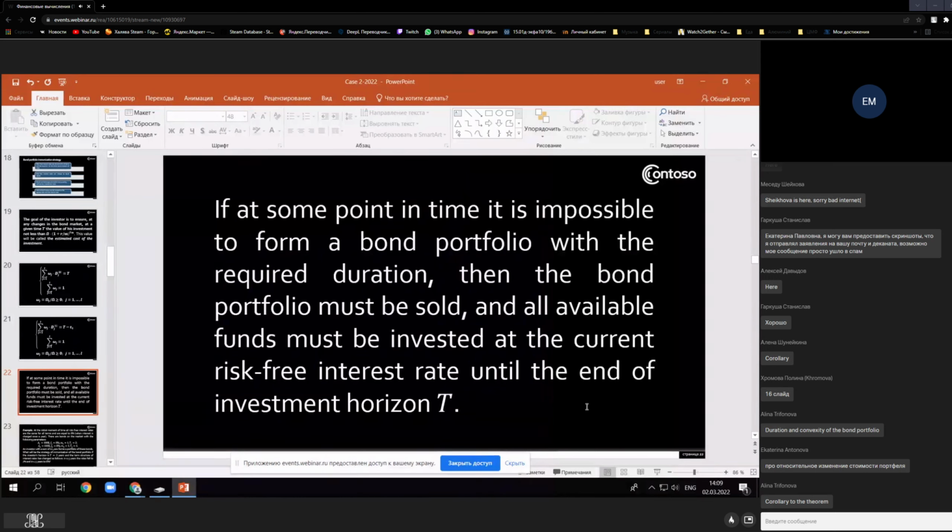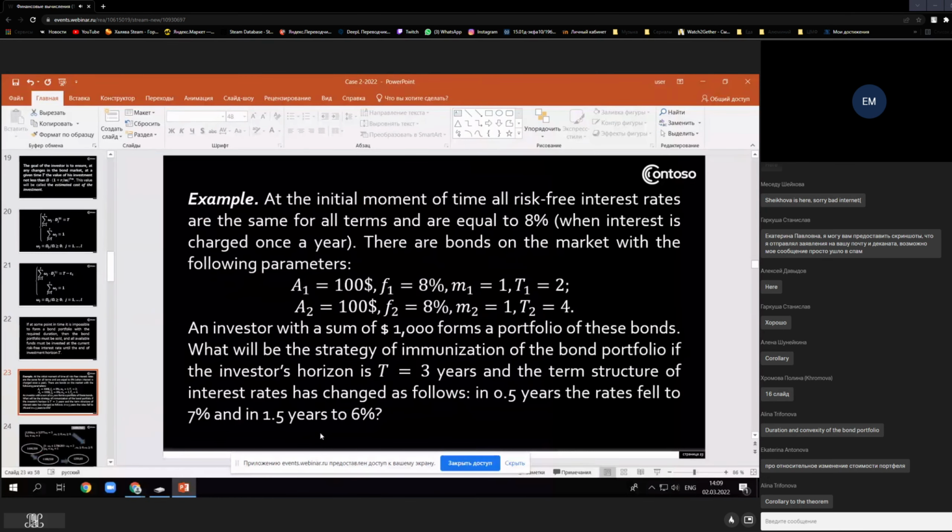Okay, what should we do? Let's consider an example. First of all, let us suppose we have two bonds, and we have formed a portfolio using these two bonds.